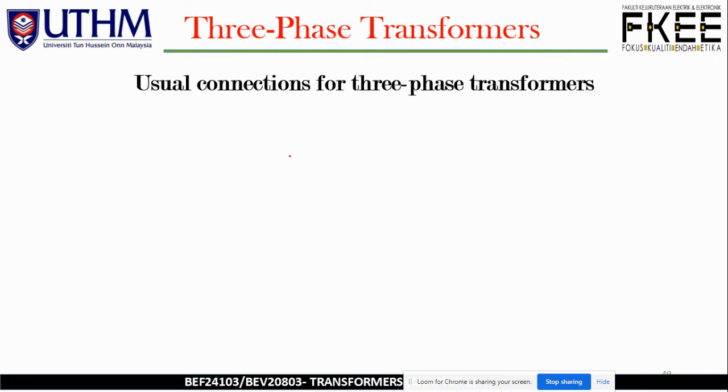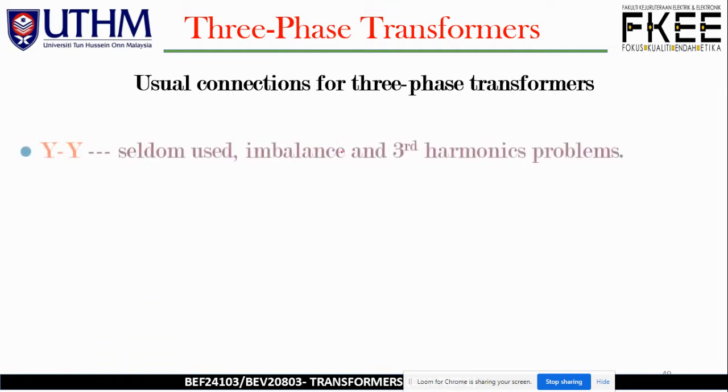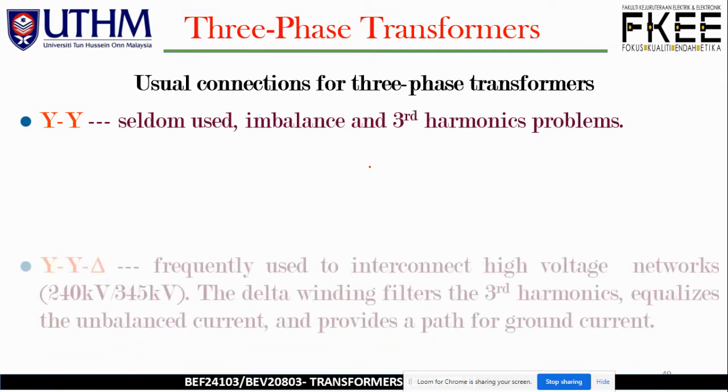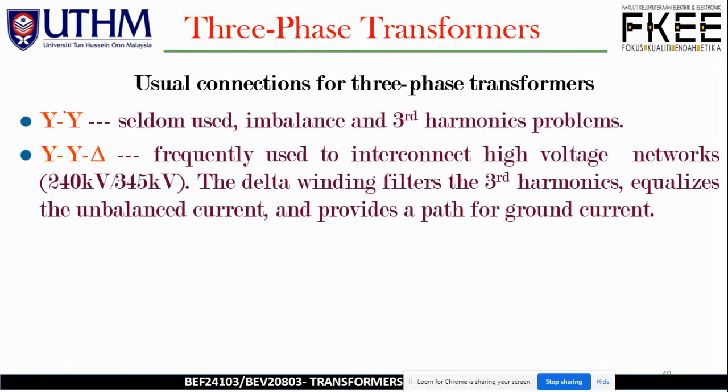Now, the usual connections for a three-phase transformer. Basically, we have multiple possibilities for the connection, whereby we start with the star and star configuration. This is seldom used due to the imbalance condition and the third harmonics problem.